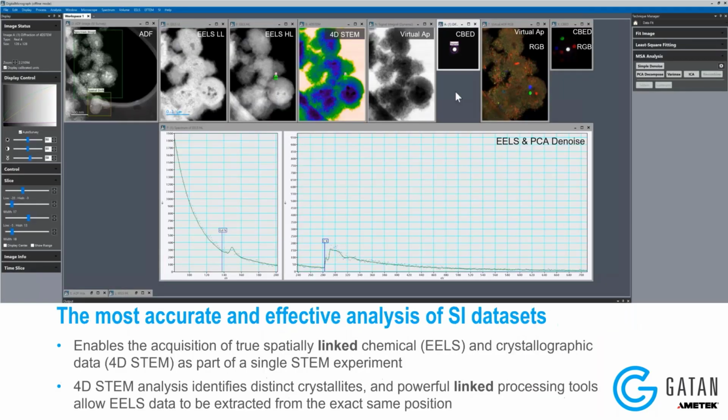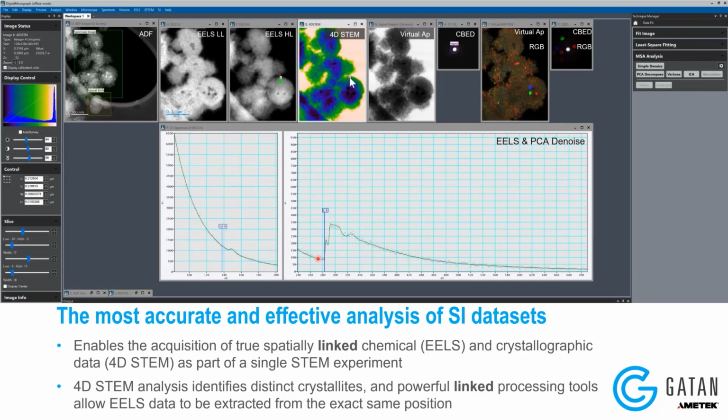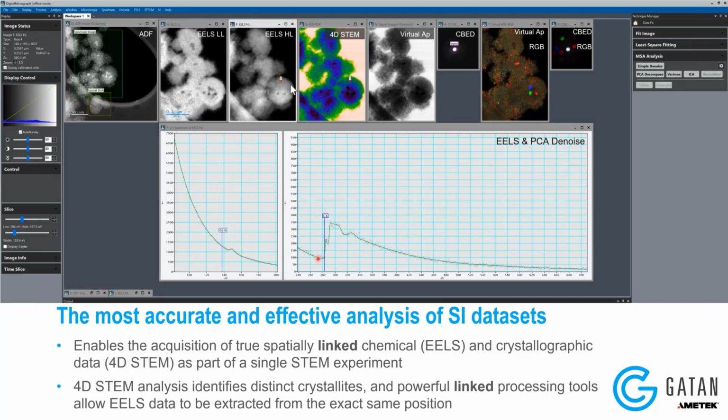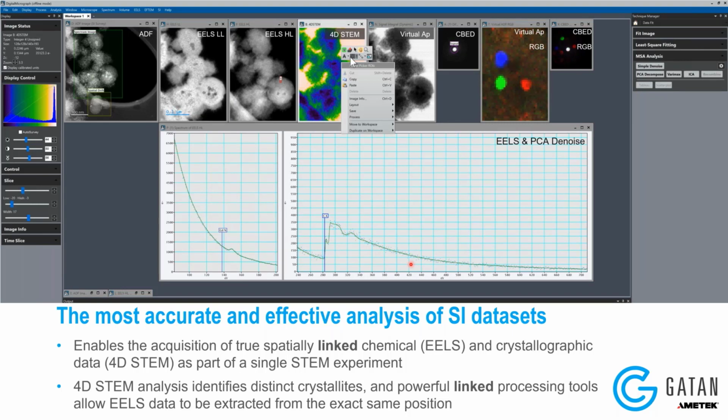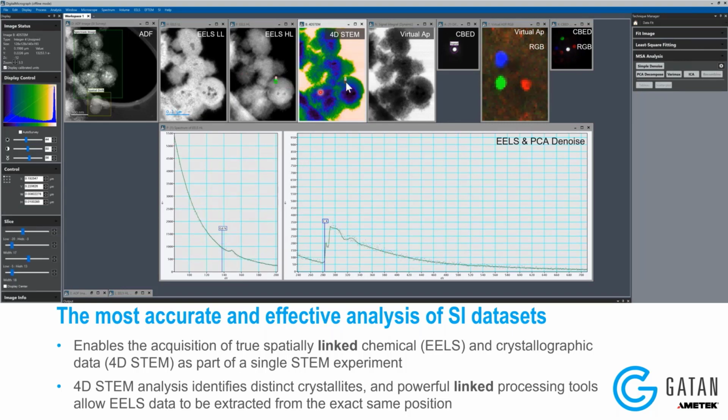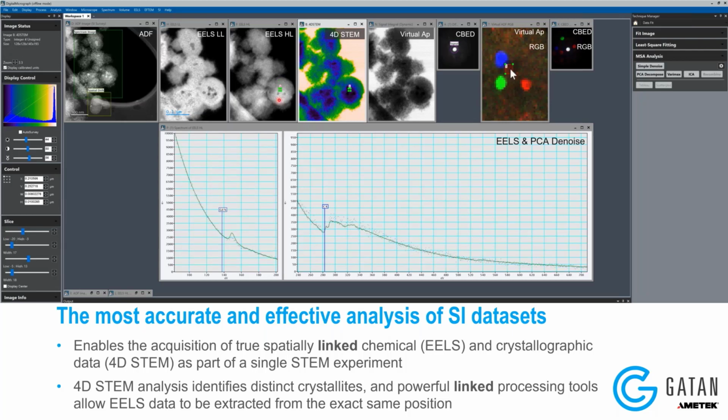EASY not only allows you to collect data sets that are linked, it provides tools within easy reach in Digital Micrograph software that allow you to process such linked data sets. This is a really nice example where EELS and 4D STEM data sets were collected using EASY technology on this material.